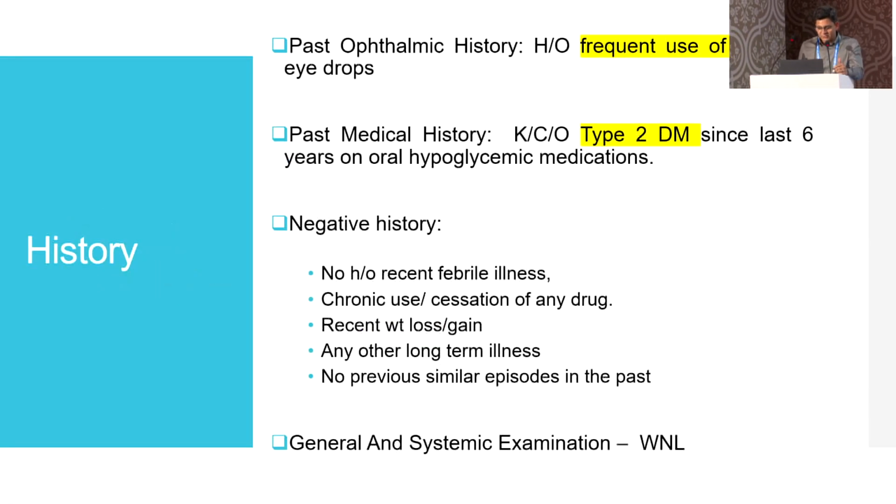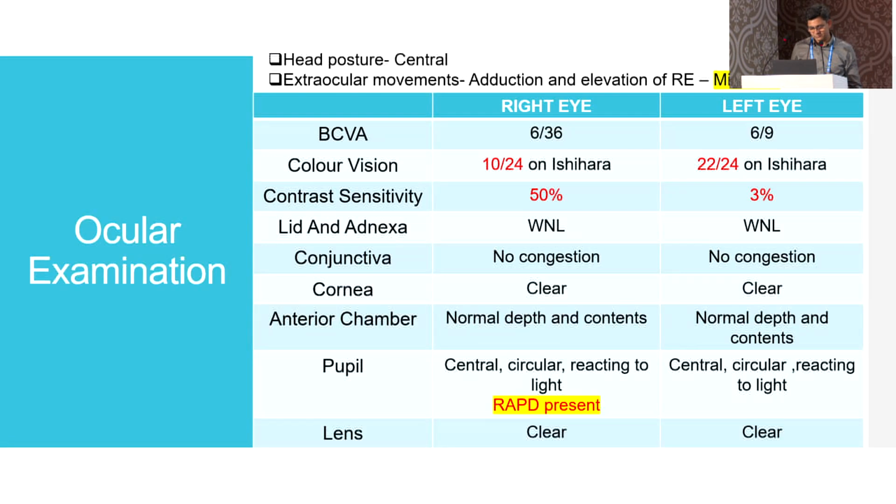Her positive past history was frequent use of lubricating eye drops. She had been non-diabetic for the last 6 years. There was no history of recent febrile illness, chronic use or cessation of any drug, recent weight loss or weight gain, or any other long-term illnesses. Her general and systemic examination, including CNS examination, was within normal limits.